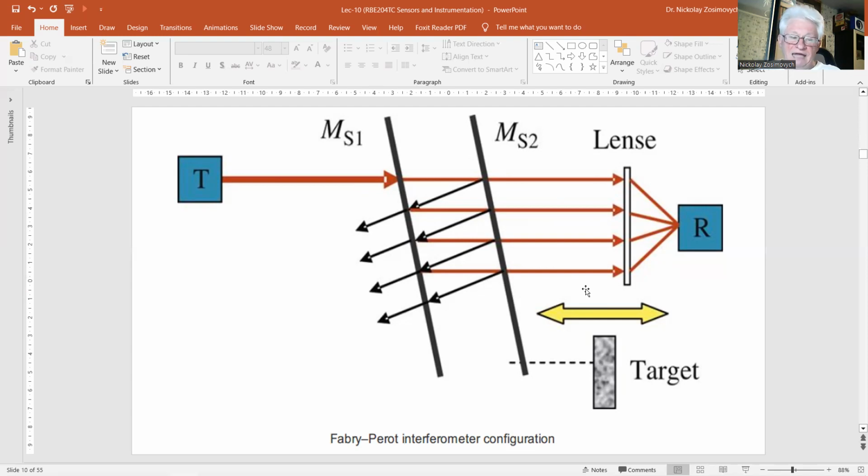Suppose the path length between the mirrors is half lambda. Then the waves leaving the moving mirror have a phase difference of a whole lambda and are added up as constructive interference. When the path length is just a quarter of lambda, the waves have a phase difference of half lambda, resulting in destructive interference.